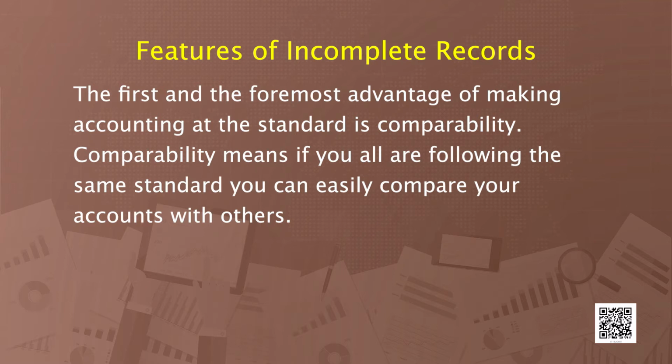Comparability means if you all are following the same standards, you can easily compare your accounts with other firms. Government can easily inspect those accounts. But if your accounts are incomplete, those are not comparable, right?